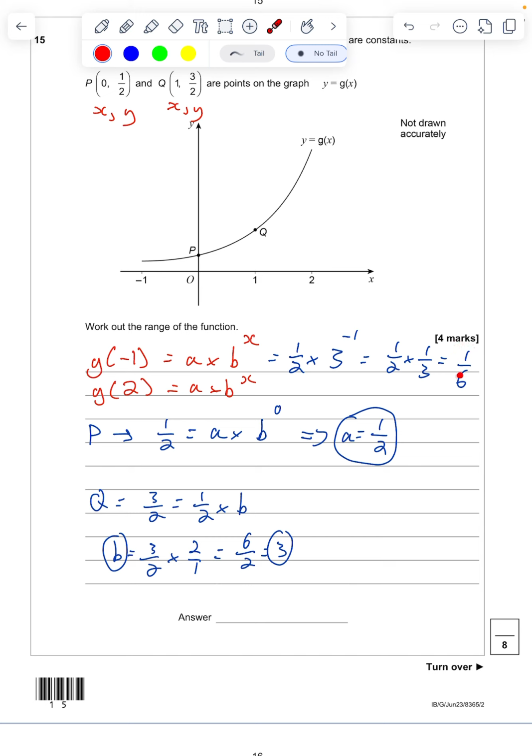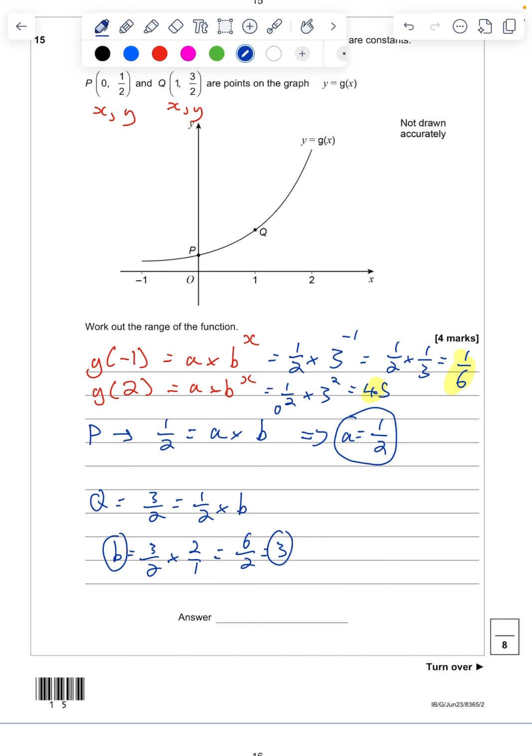And similarly for this one, it's going to get a bit cramped, isn't it? That's going to go to a half times 3, and x is 2. So you've got a half times 3 squared, which is 3 squared is 9, half of 9 is 4.5. A bit messy, sorry, but that's a sixth, and that's 4.5.